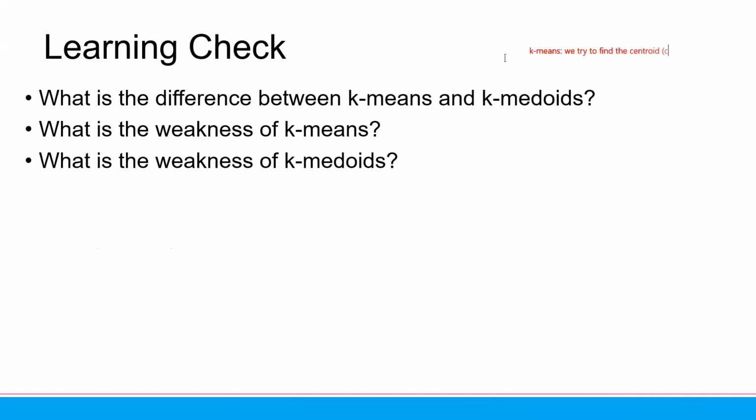The centroid means the center point, or the mean. So if we have 3 data points, then we divide by 3. We want to get the central point, or we just say the mean.